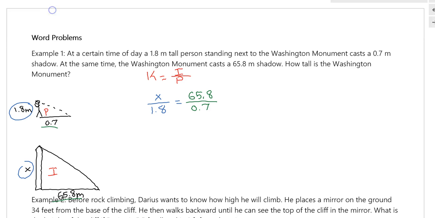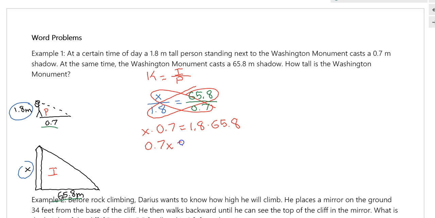So, drawing my beautiful butterfly. X times 0.7 equals 1.8 times 65.8. So that's 0.7x equals 118.44.